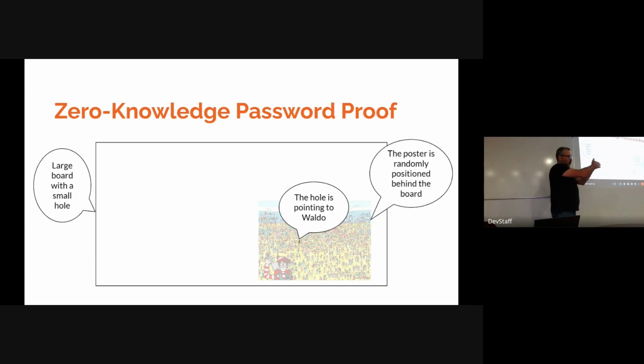The whiteboard has to be approximately twice the size so that I am not able to infer where in the illustration you pointed. You can show it to me and tell me, look, there is Waldo. So you can provide proof that you know where Waldo is, and I can let you in the house without you ever telling me where Waldo is inside the password domain.